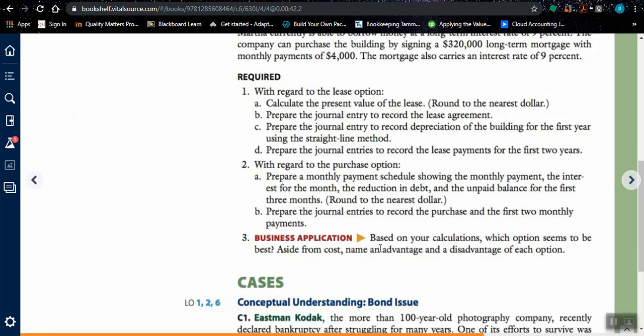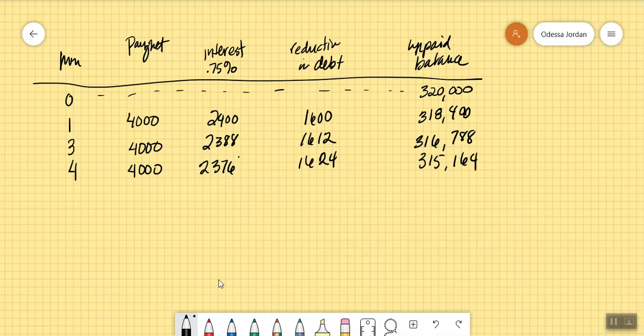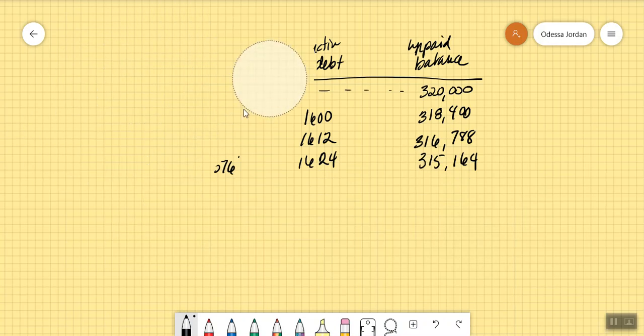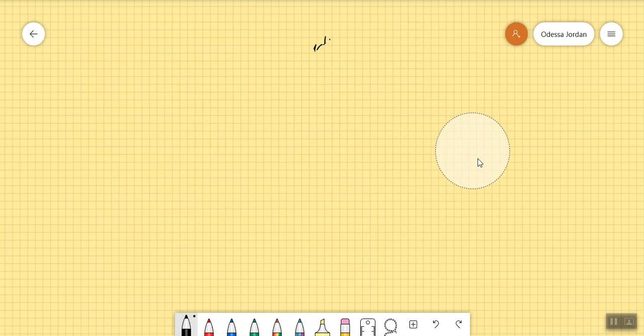Lastly, they ask us to prepare the journal entries to record the purchase and the first two monthly payments. So let's go ahead and show that. So this is based on the purchase.